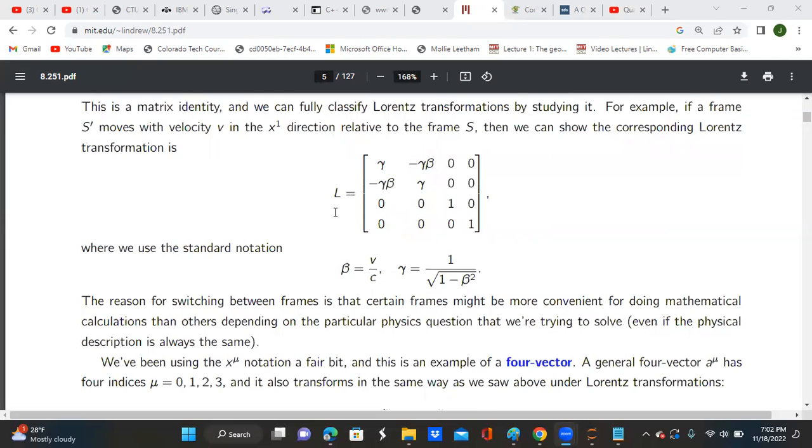For example, if a frame S prime moves with a velocity v in the x^1 direction relative to the frame S, then we can show the corresponding Lorentz transformation is the following.